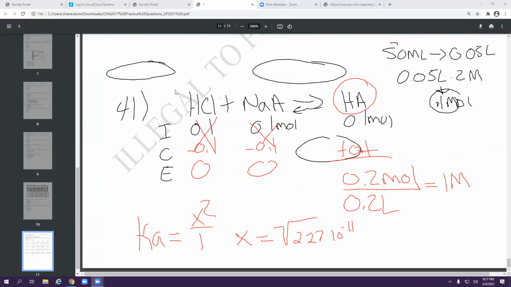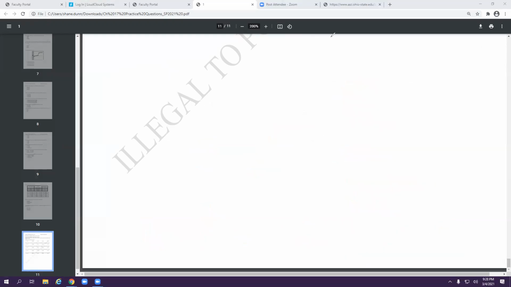I get an X value of 4.79 times 10 to the negative 6. Negative log of this number gives me 5.32 pH. That's how you do 41. Does that make sense?